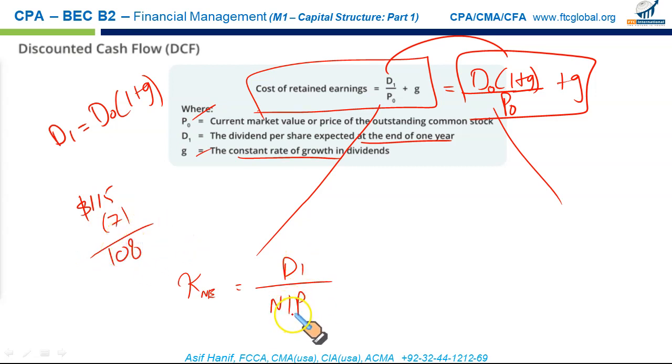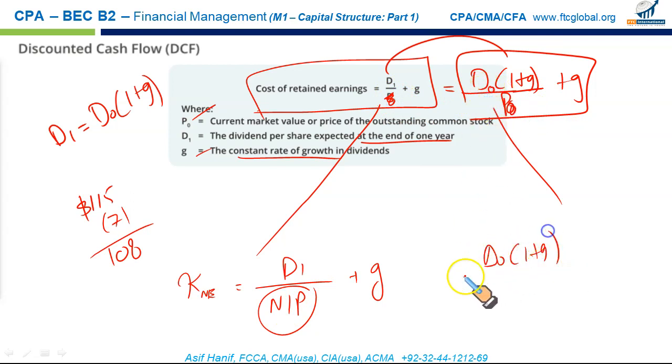So it's going to be the net issue proceeds plus growth rate. So remember, for the cost of new shares that are issued, in the denominator you have net issue proceeds, the rest is the same. Instead of P0, you will have net issue proceeds. This one then will be D0 into 1 plus G upon net issue proceeds plus growth rate.